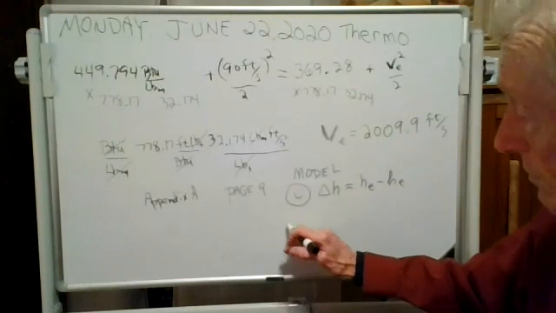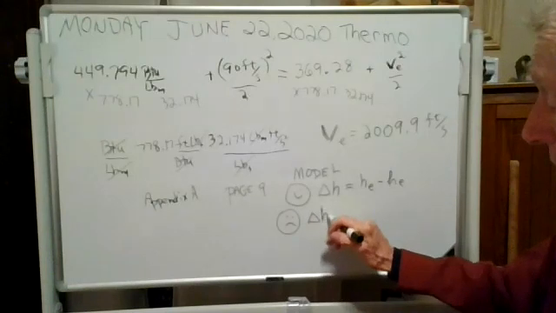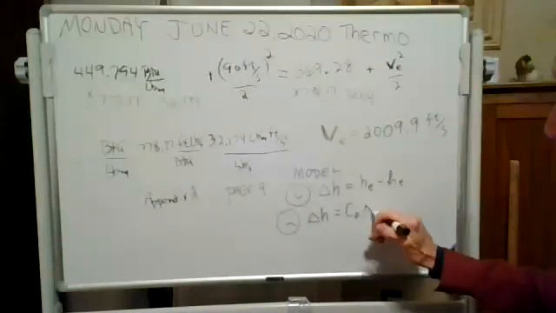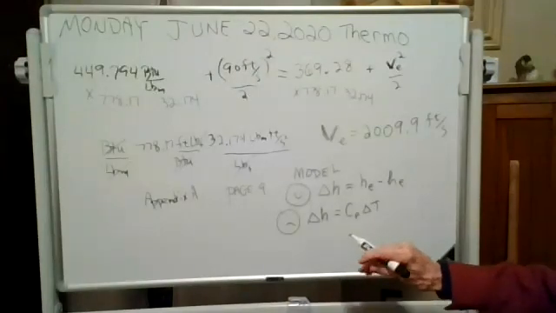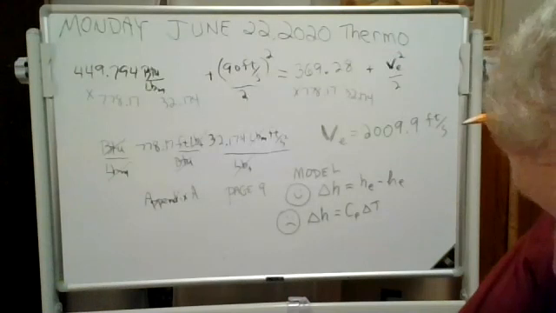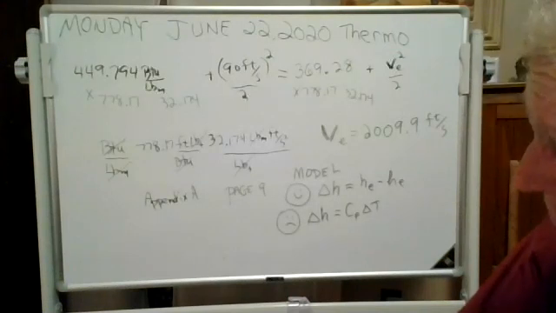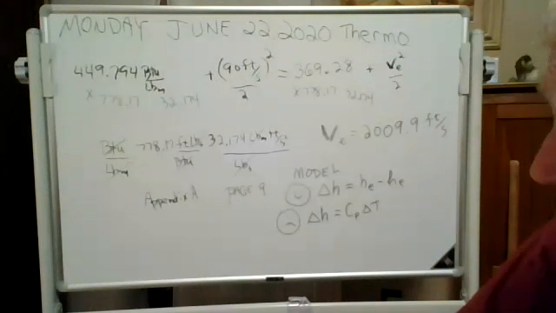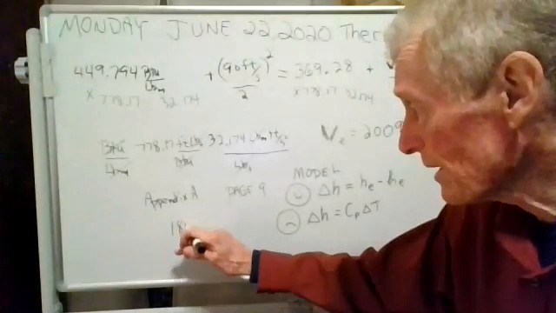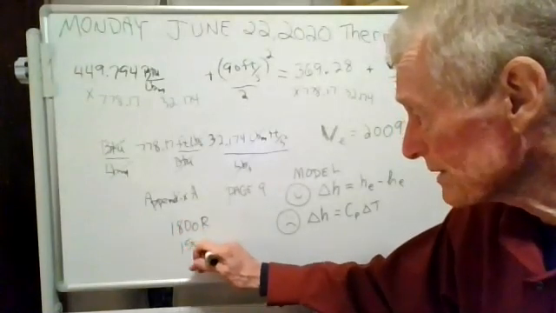But the other model, which is not as good, and I did this Wednesday, is when you go like this. And what I used for the C sub P was the C sub P at room temperature. Well, this is not at room temperature. You're coming in, I think, at 1800 Rankine, and you're going out at 1500 Rankine.